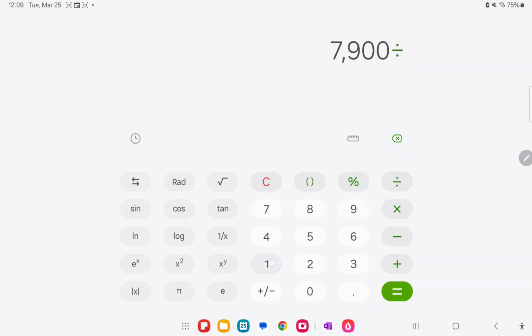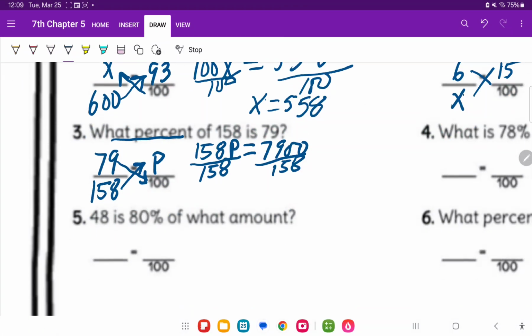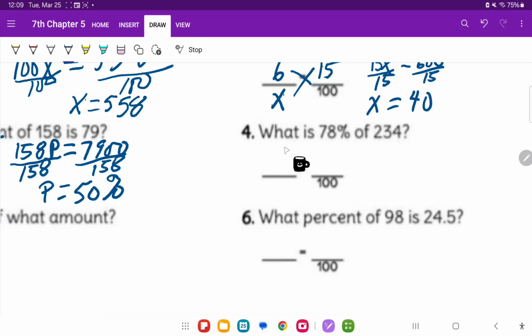That is exactly 50. So the percent is 50%. Okay? So number 4, what is 78% of 234?